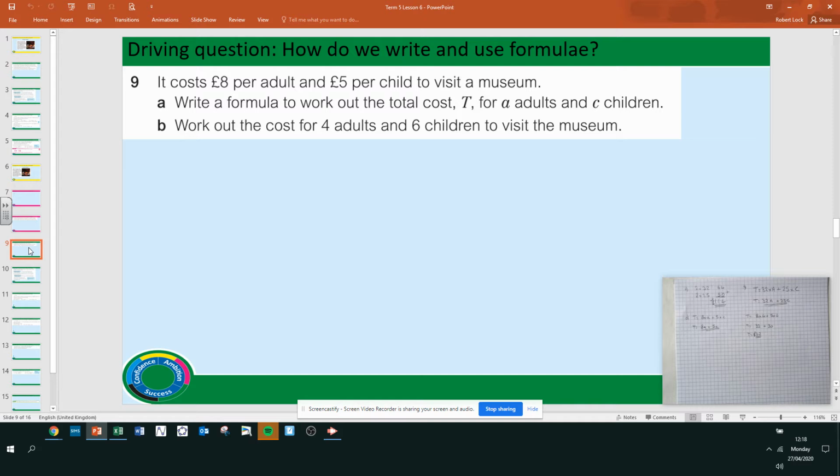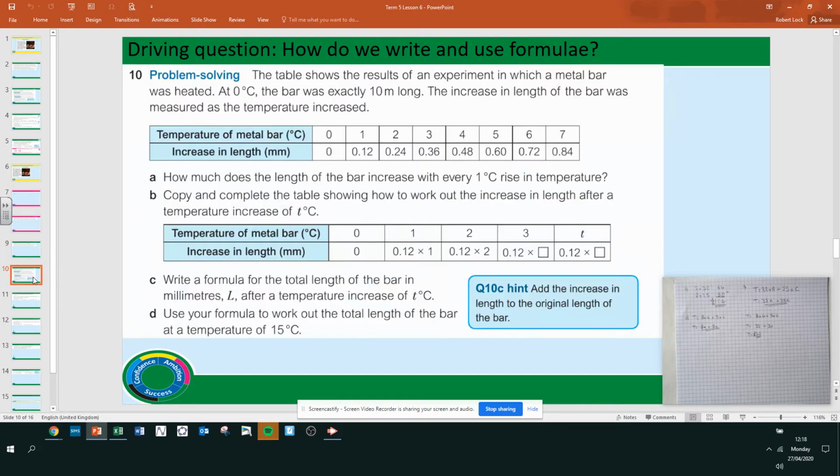How did you do? Question 10. Problem solving. The table shows the results of an experiment in which a metal bar was heated. At 0 degrees Celsius, the bar was exactly 10 meters long. The increasing length of the bar was measured as the temperature increased.